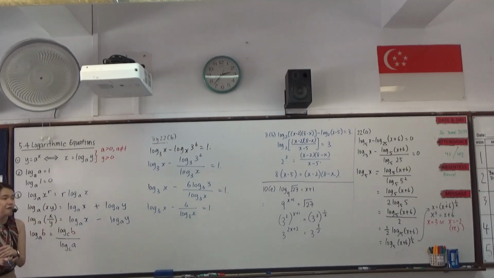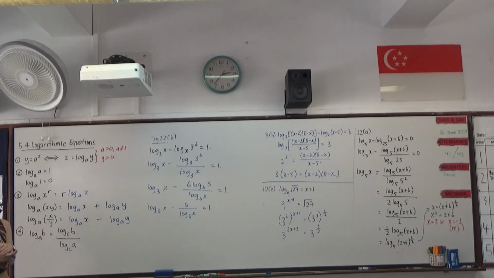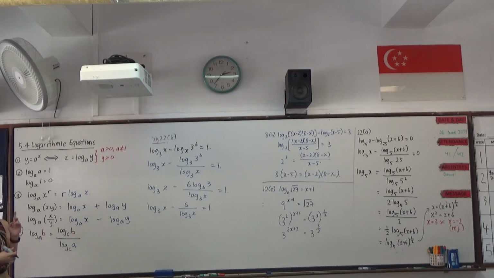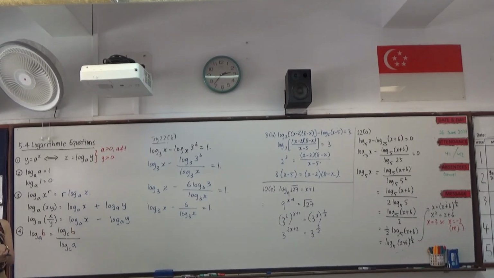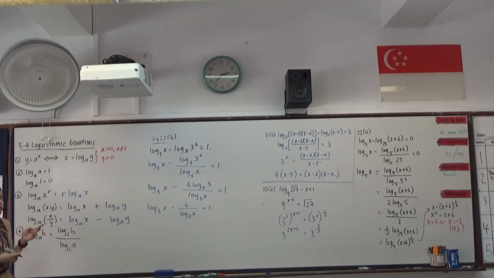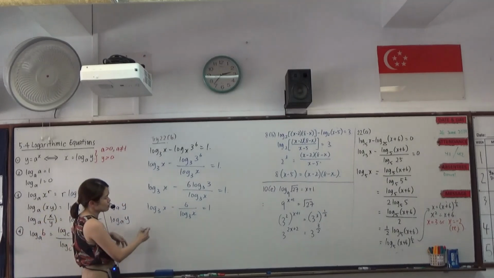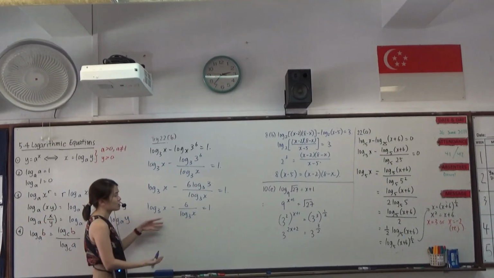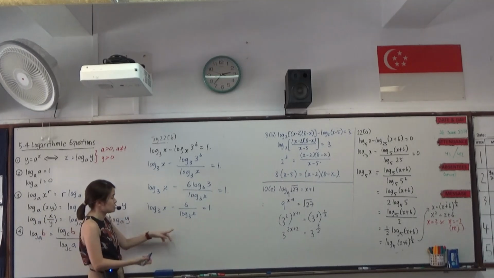Okay? Therefore, most of you may get stuck over here already, which is why I gave you a hint just now, which is to do it by substitution. Why did you get stuck? Maybe you still went on to proceed another step, which is to multiply across with log x base 3.